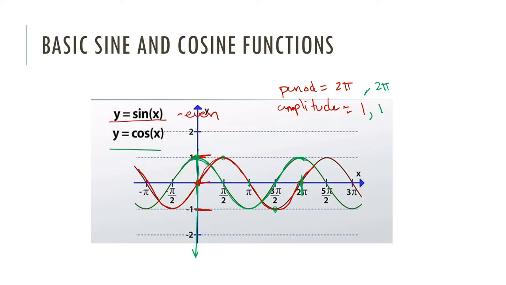It flips from one side to the other, so it is an even function. In other words, the sine of x is the opposite of the sine of negative x, whereas cos of x is exactly the same as cos of negative x. So even and odd functions for our sine and cosine.